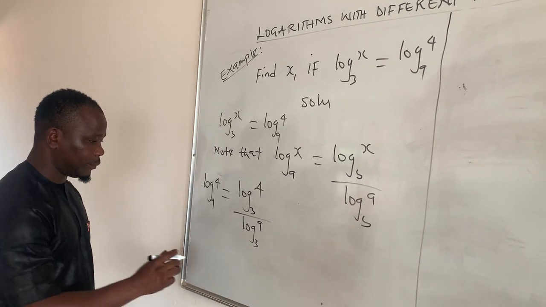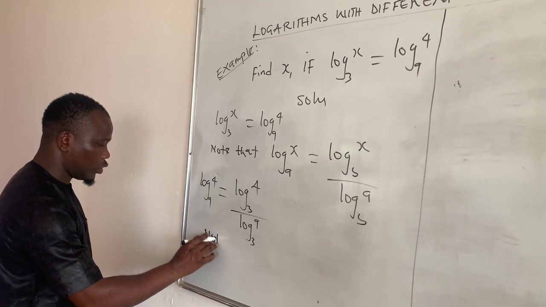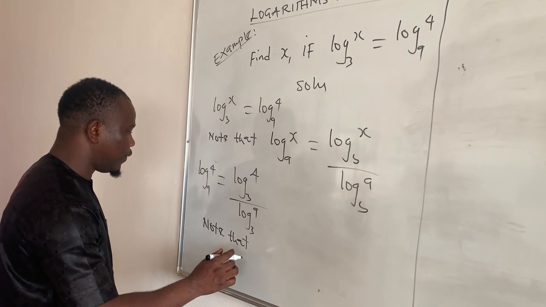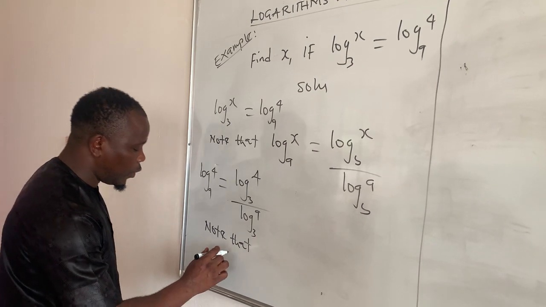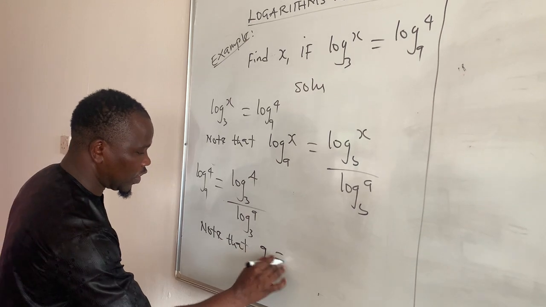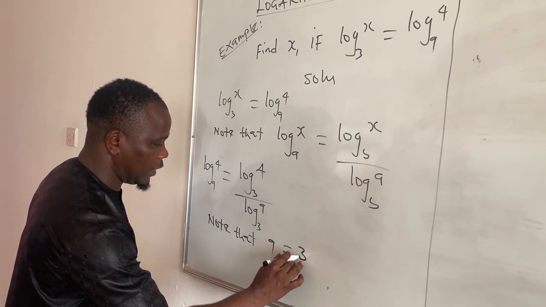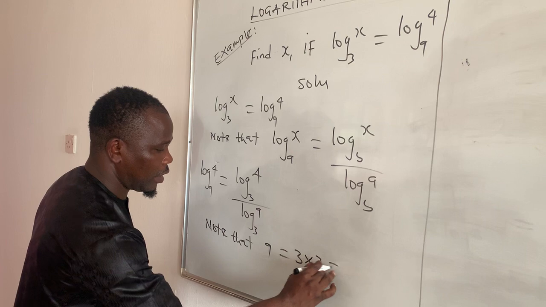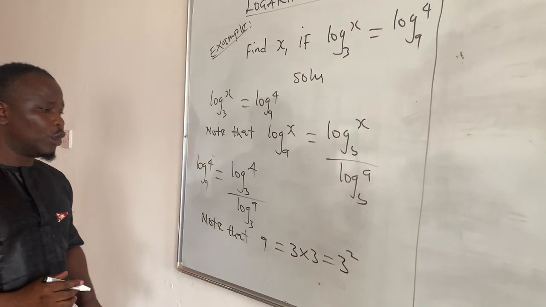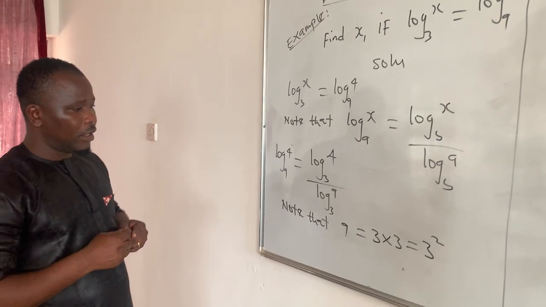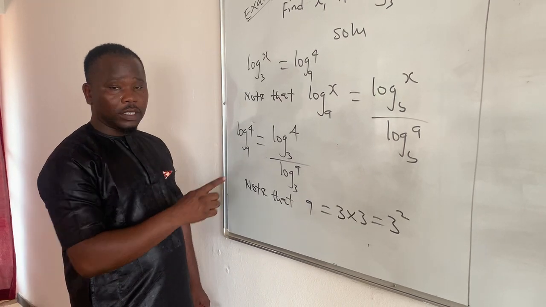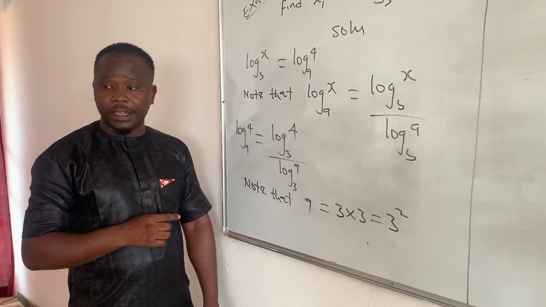Note that 9 is the same thing as 3 times 3, which is the same thing as 3 raised to the power of 2. Amen? I'm introducing this so that you won't be confused. Is that clear?